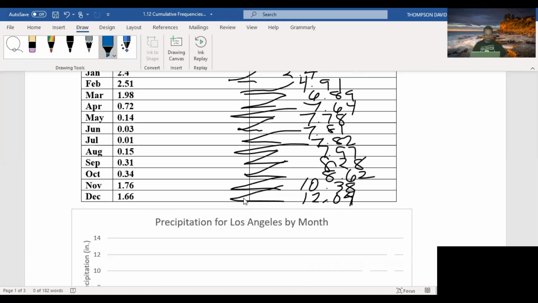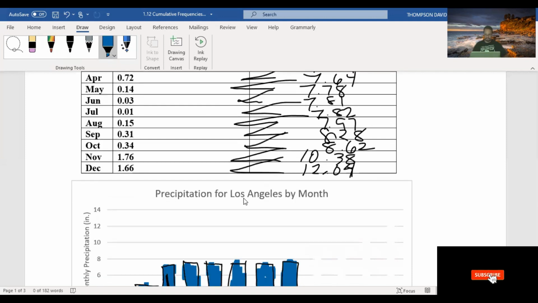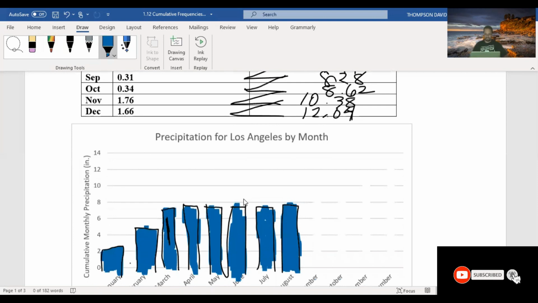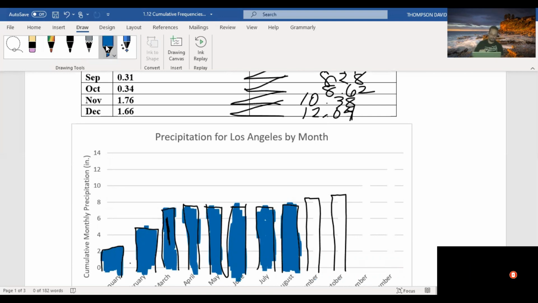Same thing in September and October. So we just go up a little bit more, 8.28 and 8.62. Just a little bit higher. And we'll fill it in. November, we have a little bit more precipitation.